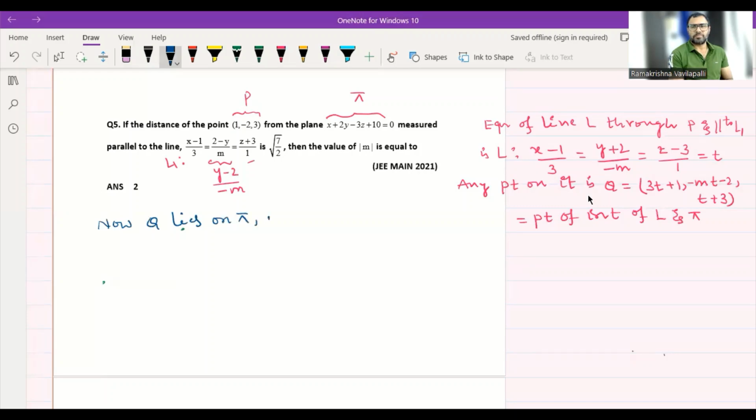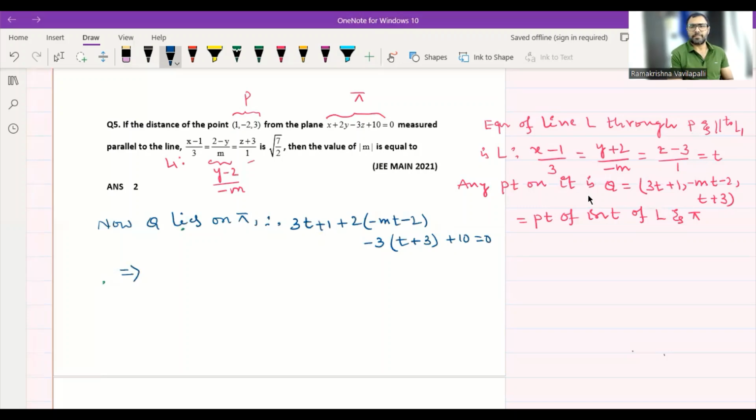So therefore, the x coordinate is 3t plus 1. Substituting the point Q in the plane, plus 2 times of minus mt minus 2, minus 3 times the z coordinate, which is t plus 3, plus 10 equal to 0. Now we have to find the value of t.